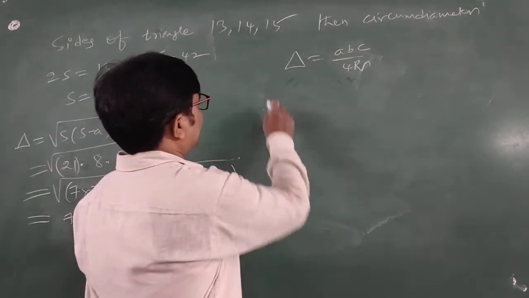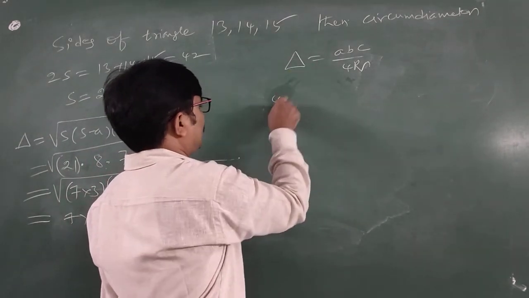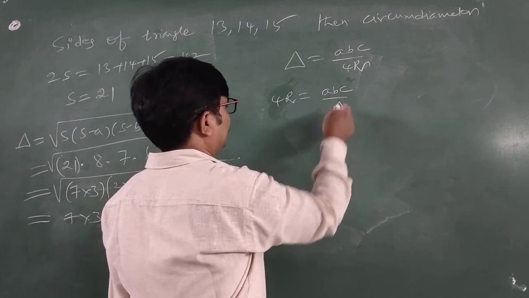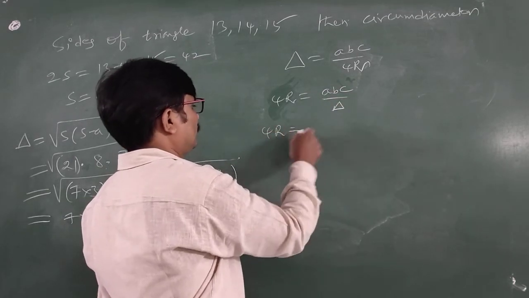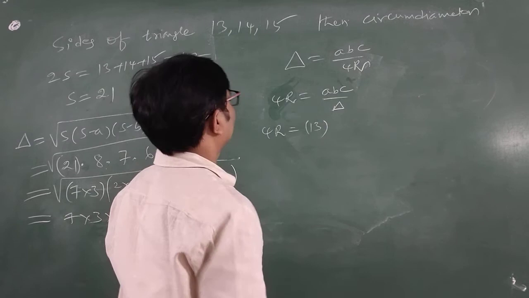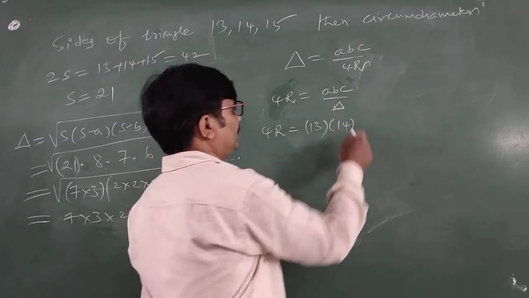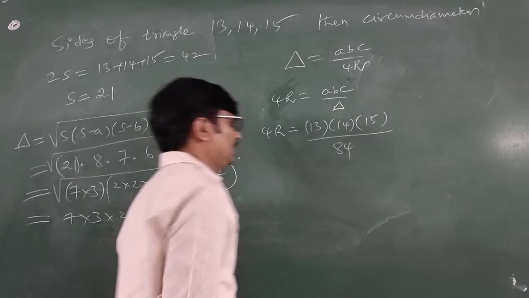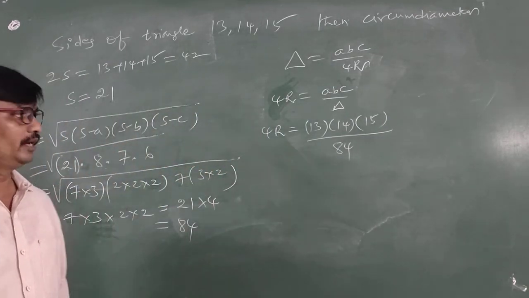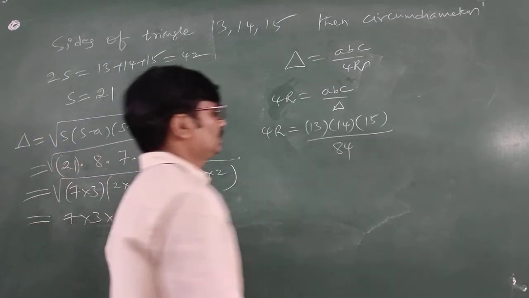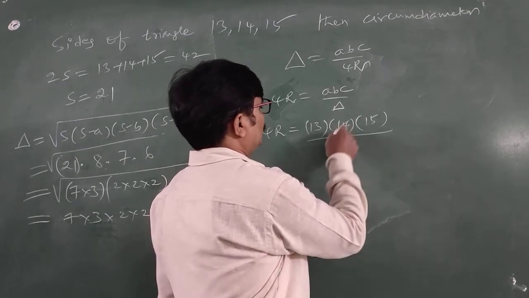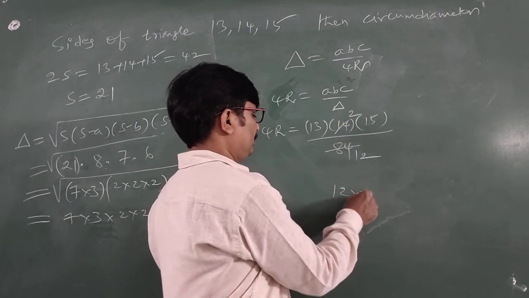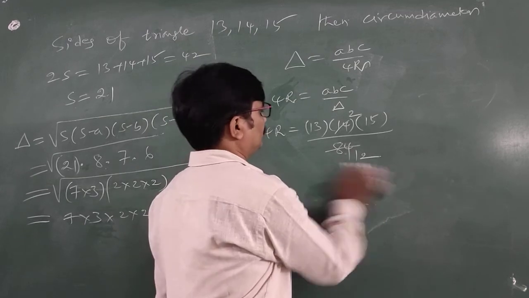Now we can write 4R equal to abc by delta. 4R equals a is 13, b is 14, c is 15, delta is 84. Now students, 7 twos are 14, 7 twelves are 84.